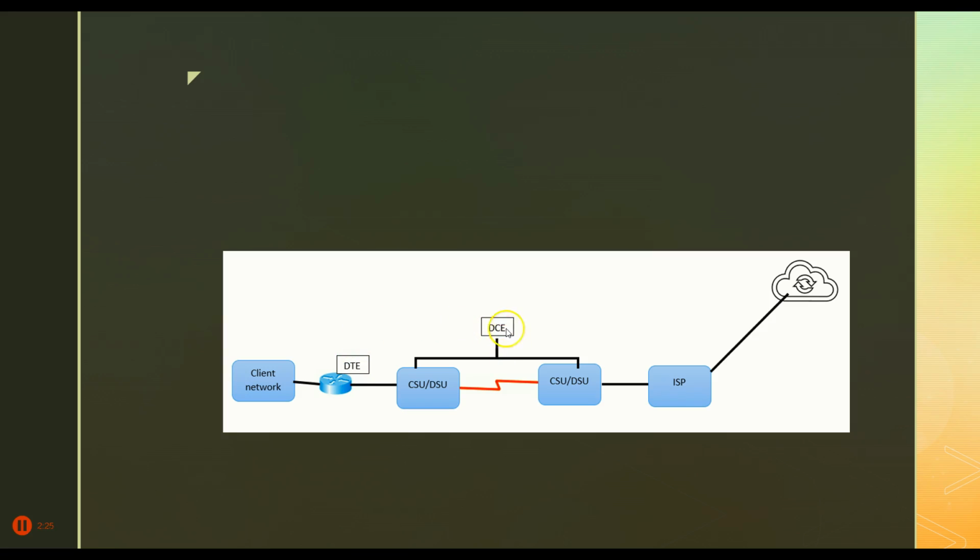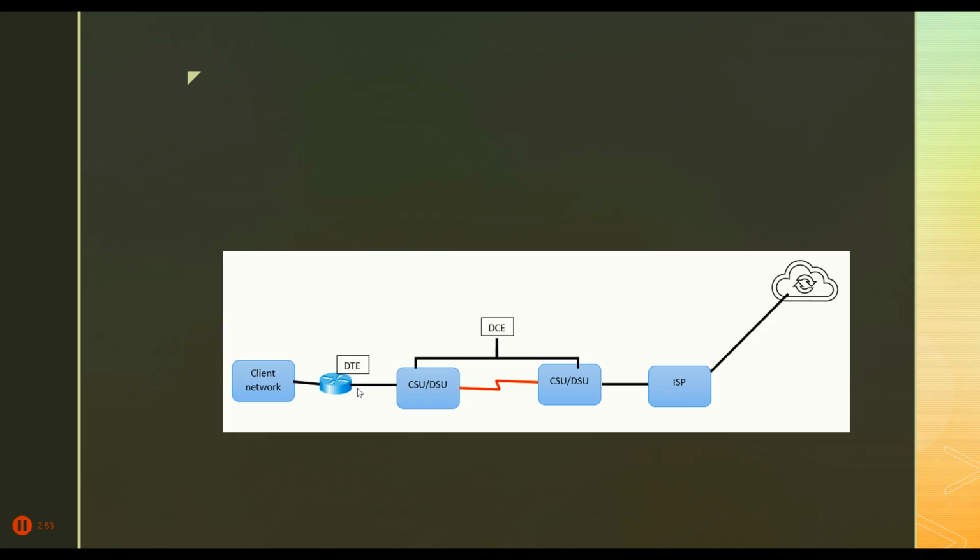Now, the data channel equipment, by the way, provides the clock signal, the pulse by which the DTE is able to march, so that they can talk in sync with each other.